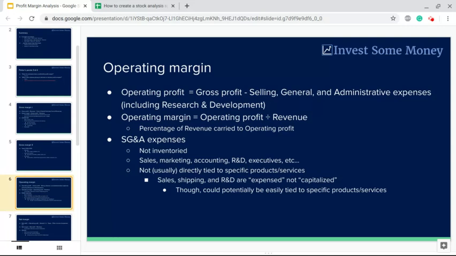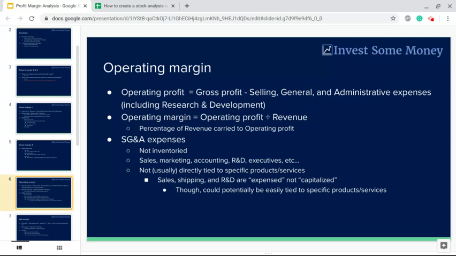But there are some, like sales, shipping, R&D, which might be easily tied to a specific product or service, and they don't go in inventory. They hit the bottom line right away, right as they're incurred.